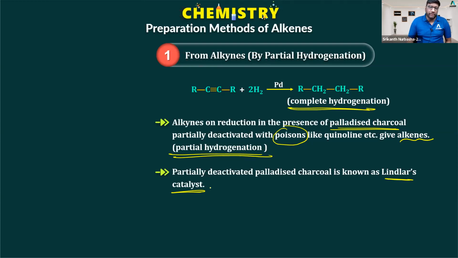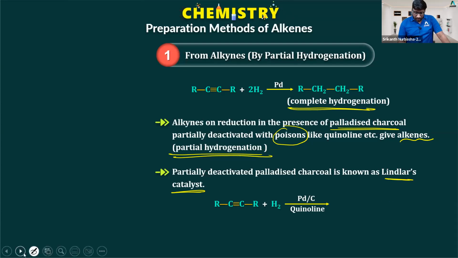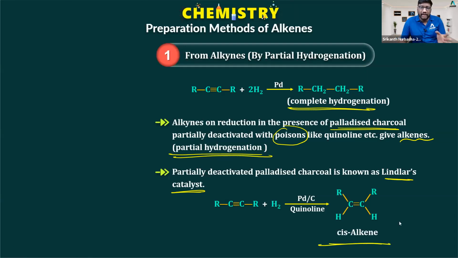If you use barium sulfate, what does the name change to? RC triple bond CR plus H2 in the presence of palladium and charcoal with quinoline will give RCH double bond CHR, and you will get what type of alkene? Cis alkene. But if you take barium sulfate, the name changes to Rosenmund's catalyst.